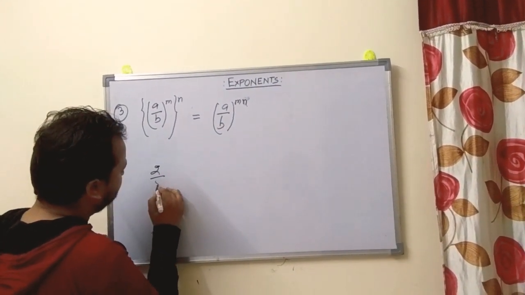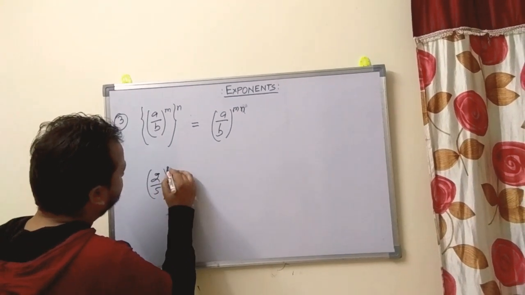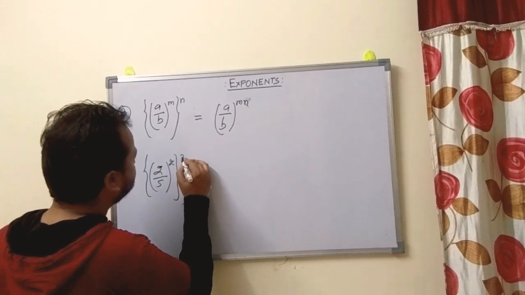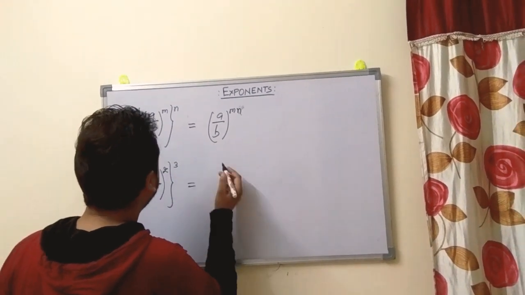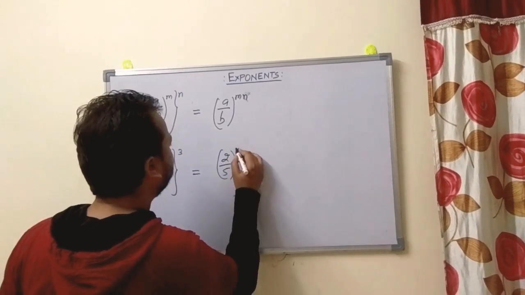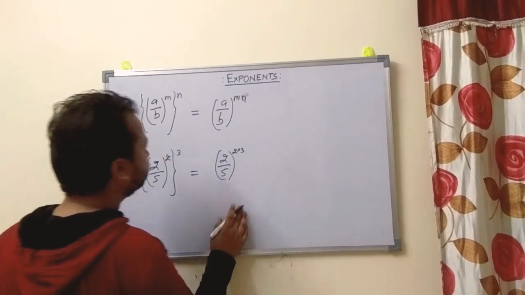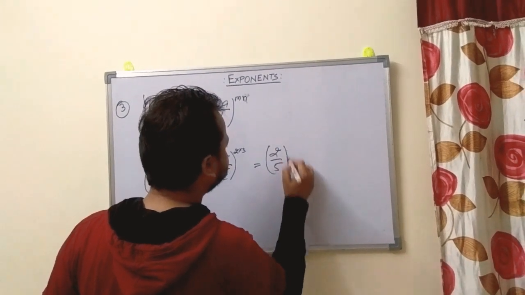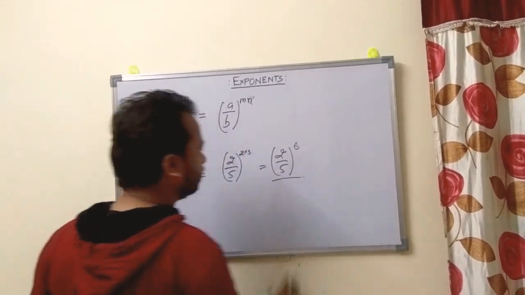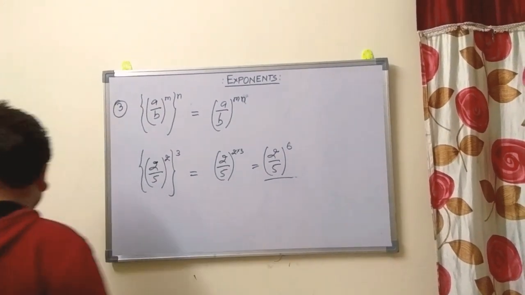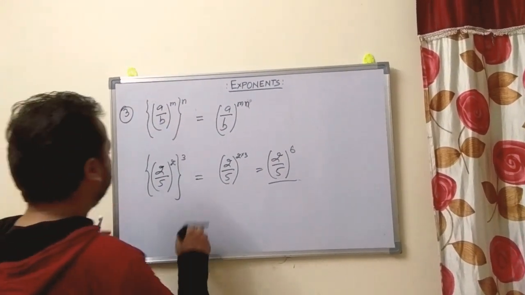If 2 by 5 power 2 and whole power 3, you can write it as 2 by 5 power 2 into 3, that is 6. So 2 by 5 power 6. Come to next formula.